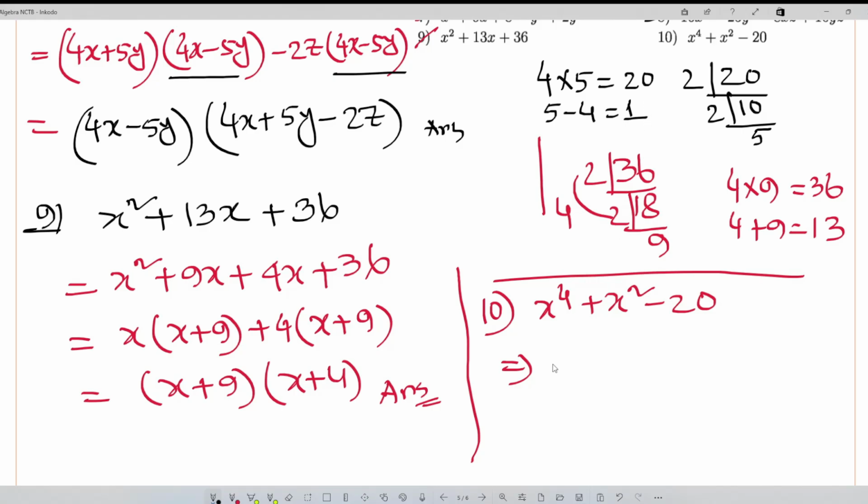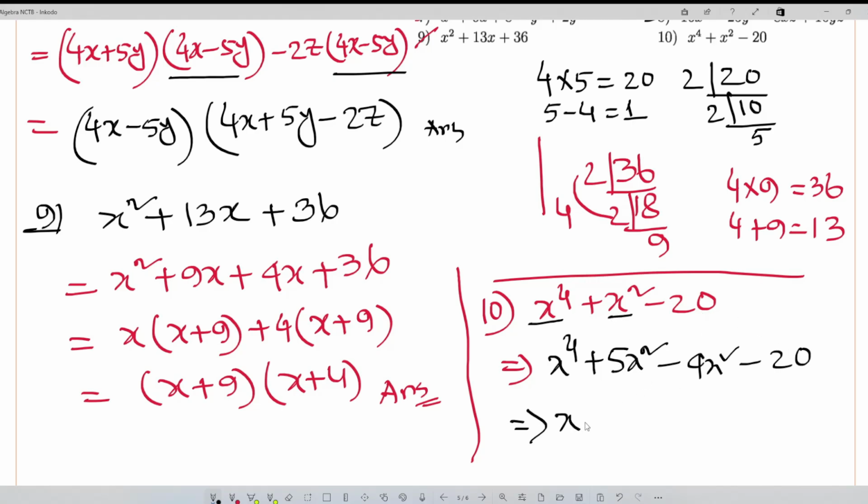Now look, why are we doing it like this? This is x to the power 4 and here is x², it means half of the power. So for this reason we are trying to factorize by middle term factor. So x⁴ + 5x² − 4x² − 20. 5x² − 4x² is x², and 5 times 4 is 20.